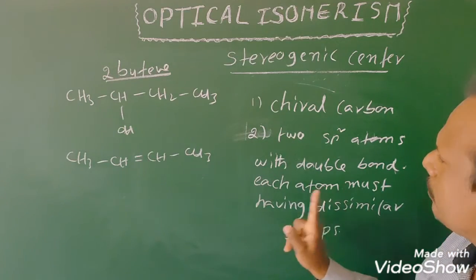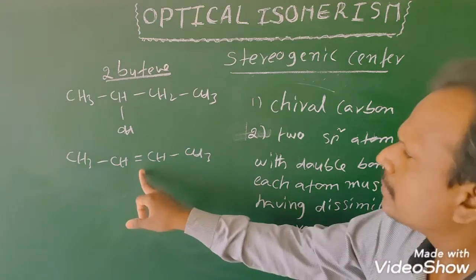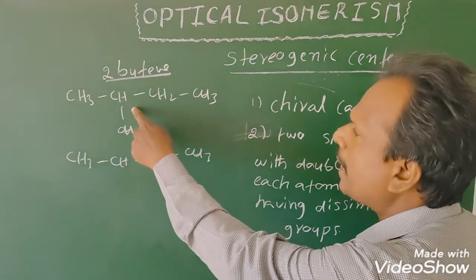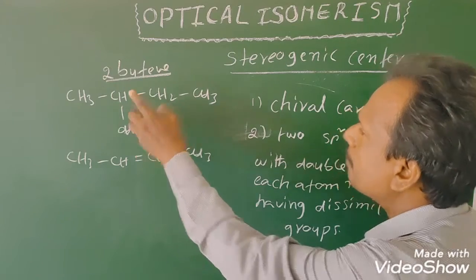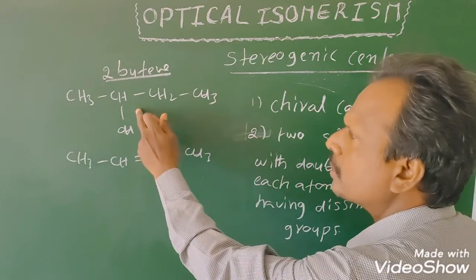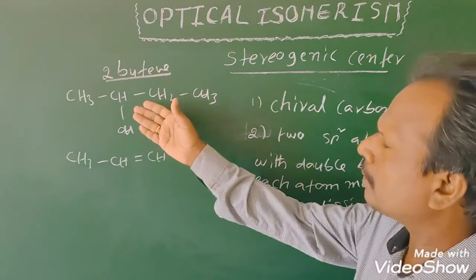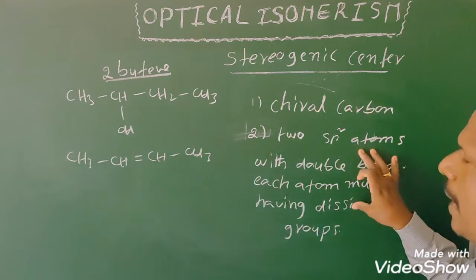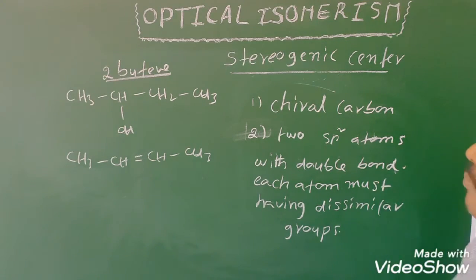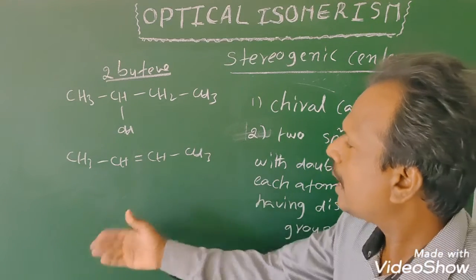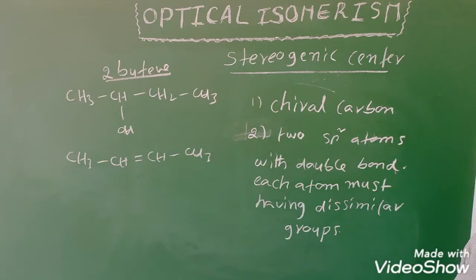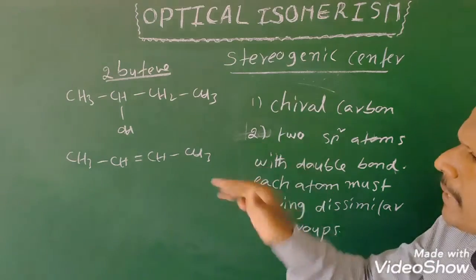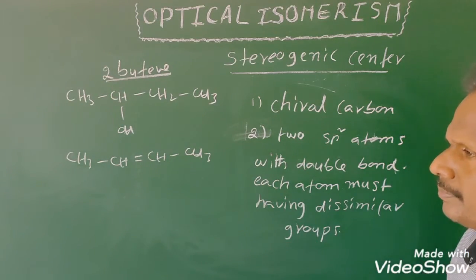If a compound has the double bond type of stereogenic center, then the stereoisomers are known as geometrical isomers. If a compound contains both types of stereogenic centers, then that compound exhibits both optical and geometrical isomerism.